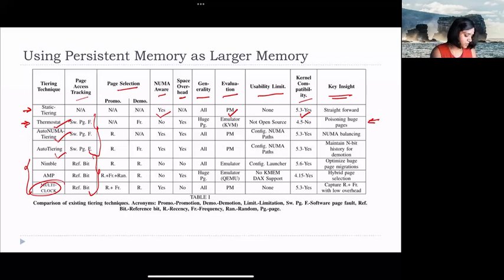Different techniques use different metrics of recency, frequency, or random for their promotion or demotion mechanism. We see a variance there. Now, some of these techniques are NUMA aware, some are not.